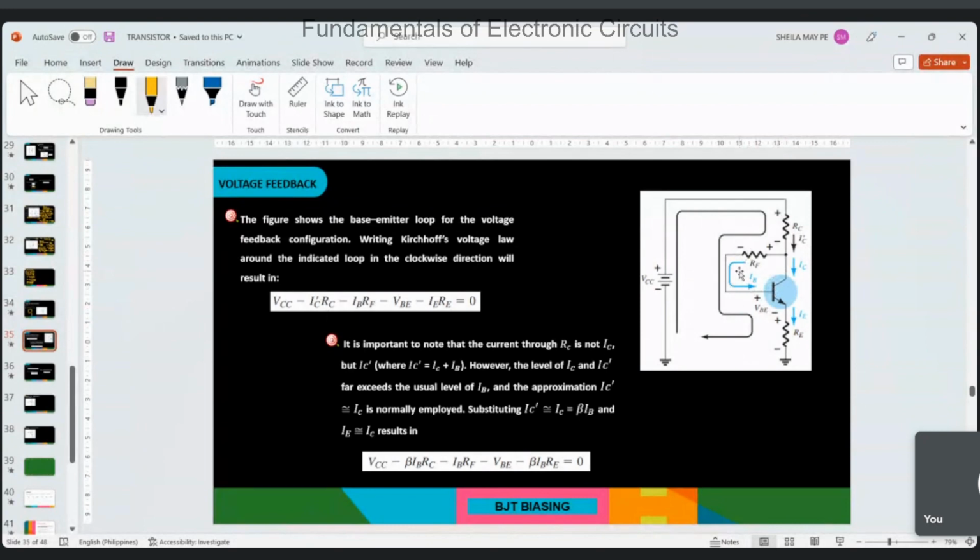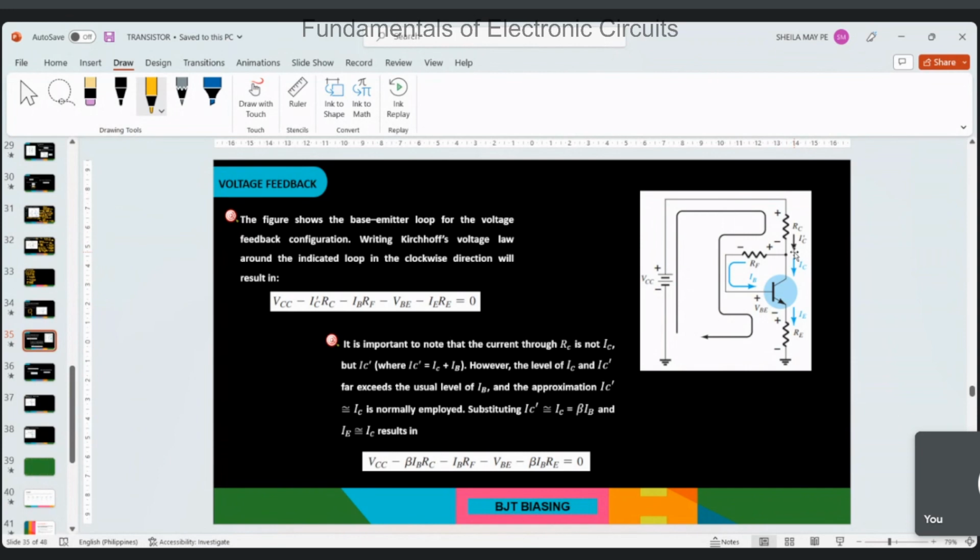Okay, so it is important to note that the current through RC is not IC but IC bar, wherein IC bar is equal to IC plus IB. Current entering equals current leaving. The current entering is IC bar, and the current leaving is IC and IB.